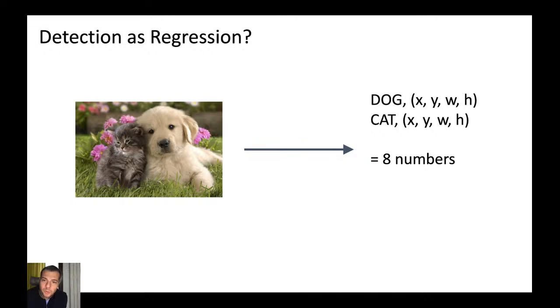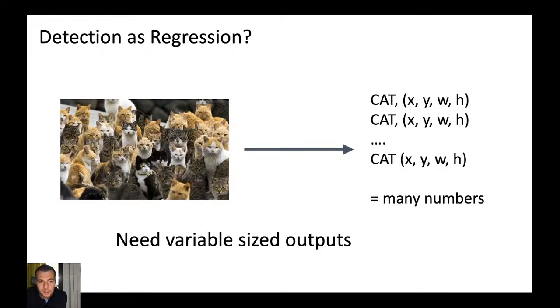So trying to approach detection as a regression is not really straightforward, since the output has a variable dimension. For an image with many objects, we need to be able to predict any number of bounding boxes.